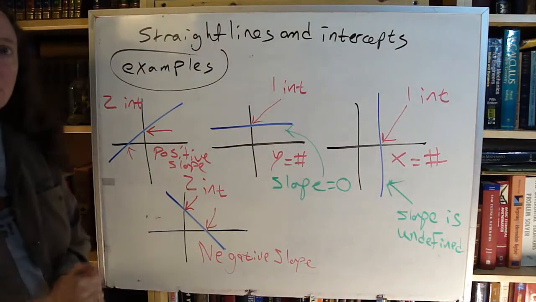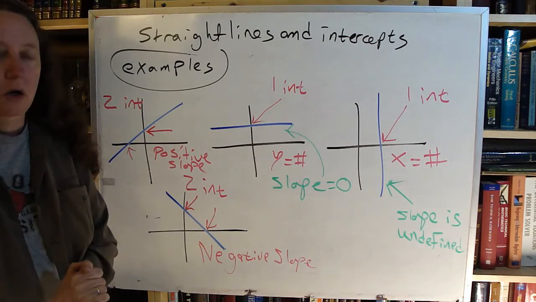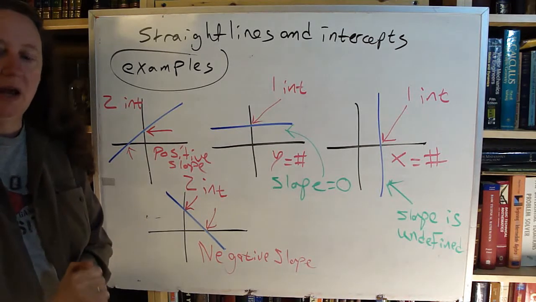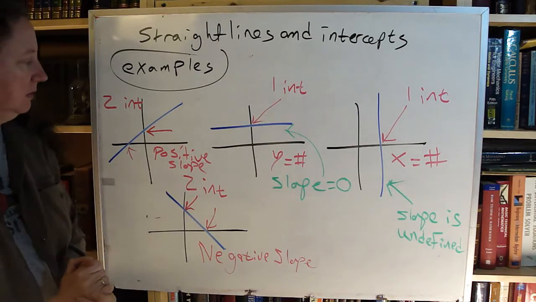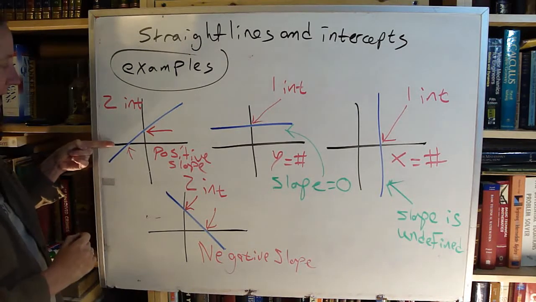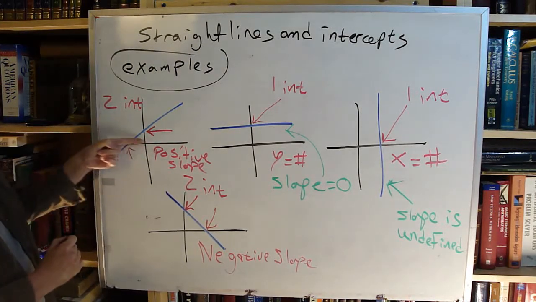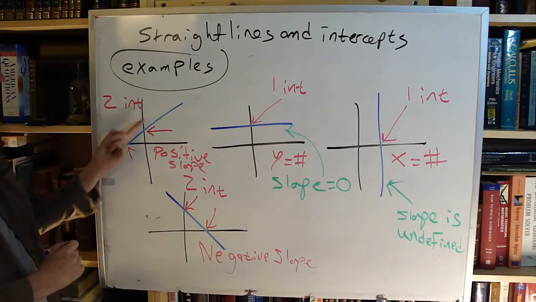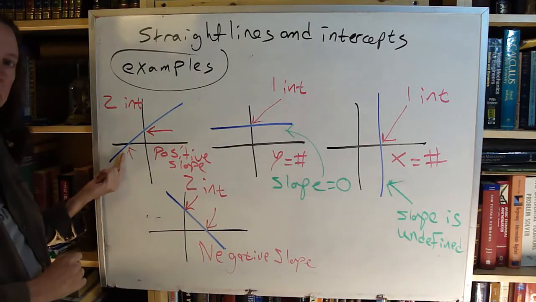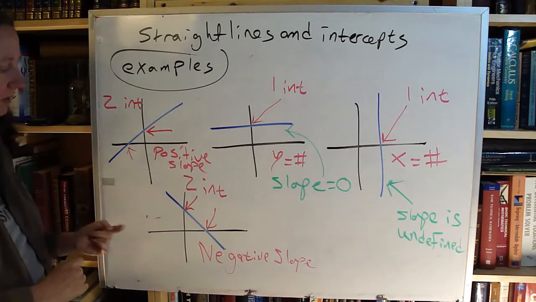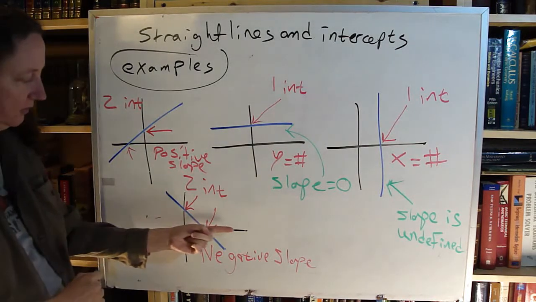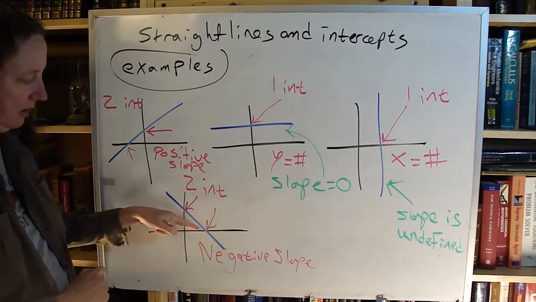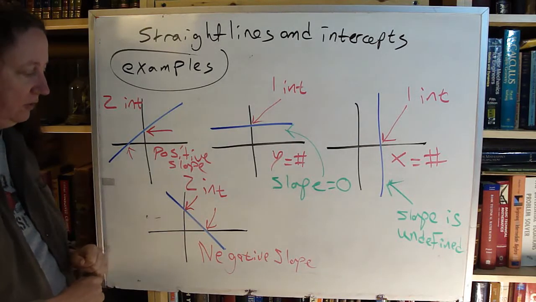So questions for you. Do all straight lines have an x-intercept? There's my x-axis. That line has an x-intercept. There's my x-axis. That line has an x-intercept.